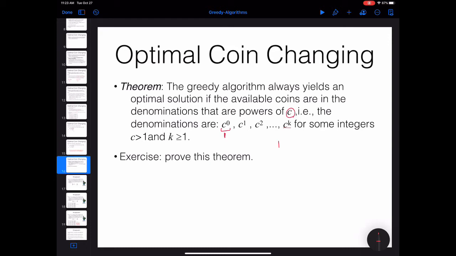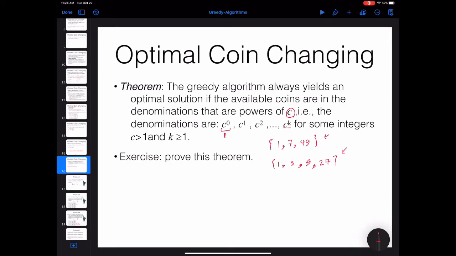In this way, whatever the amount is, you can always change it. For example 1, 7, 49, something like that. For this set, yes, the greedy strategy will give you the optimal answer. Or for example, something like 1, 3, 9, 27. The greedy strategy will give you the optimal answer on this set.